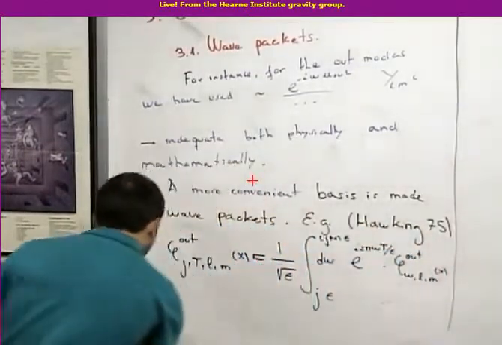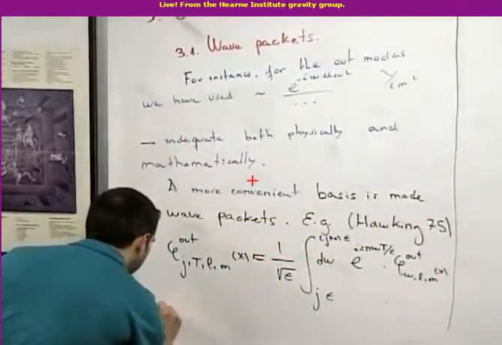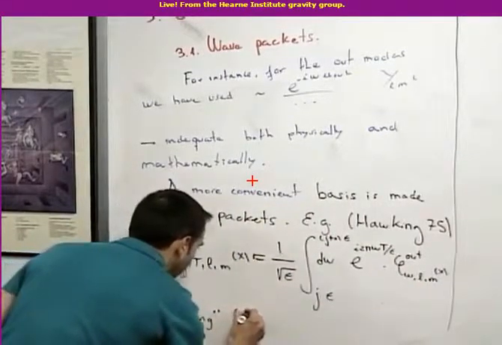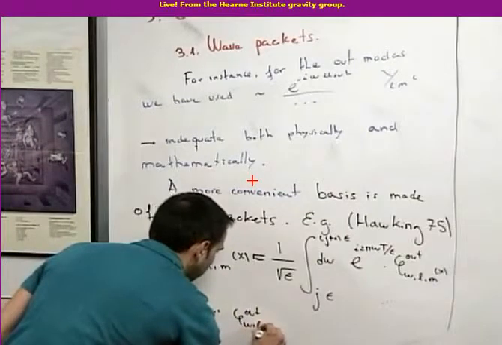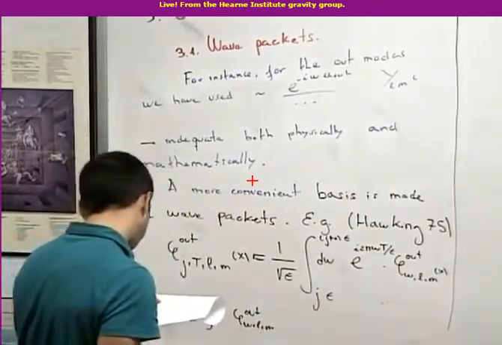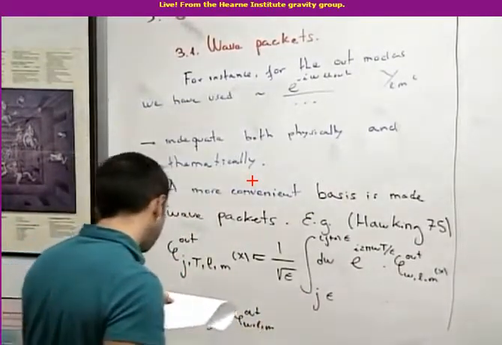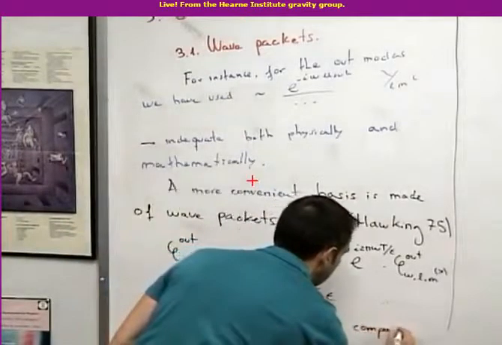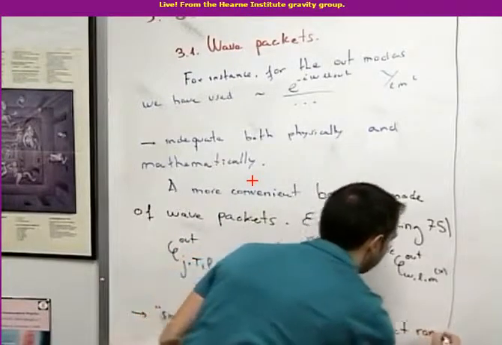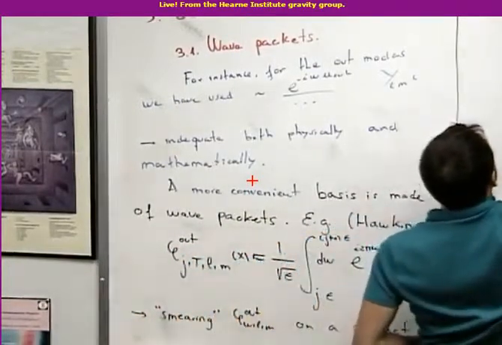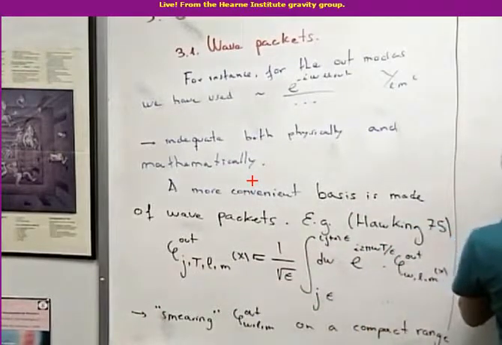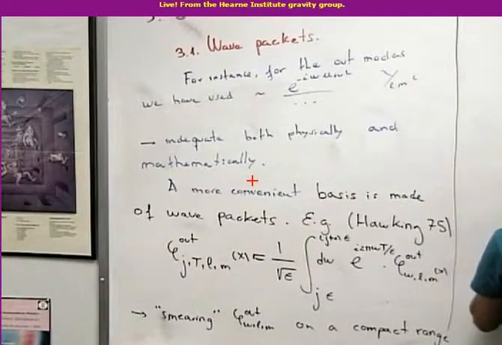So what we are doing is smearing the out mode that we had before over a compact range of frequencies, and that compact range of frequencies goes from j epsilon to (j plus 1) epsilon.